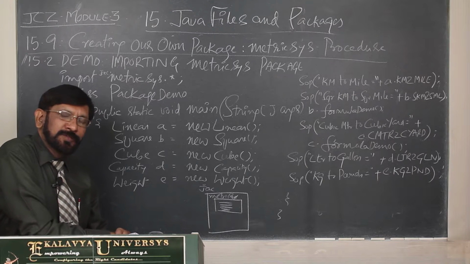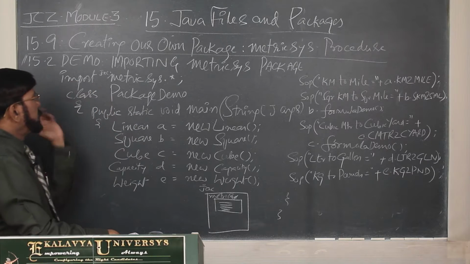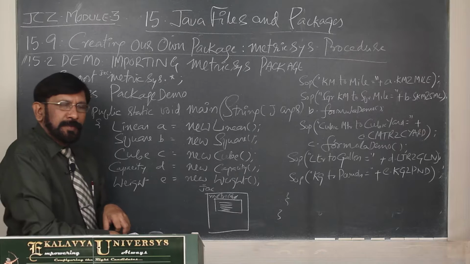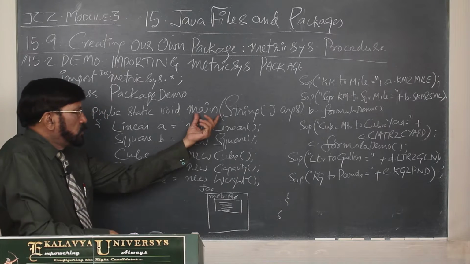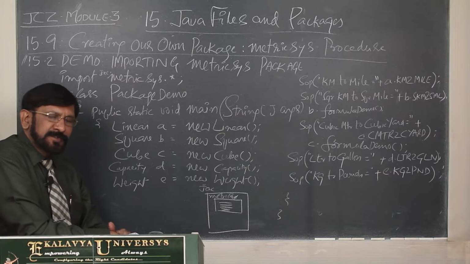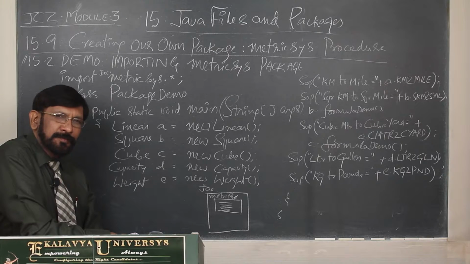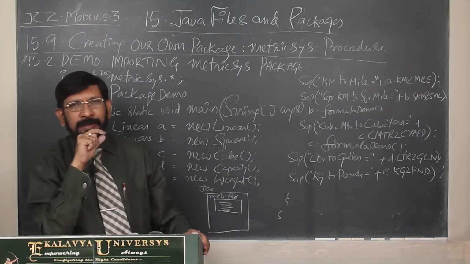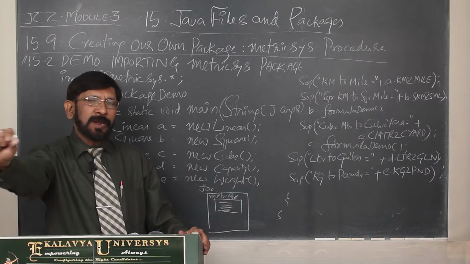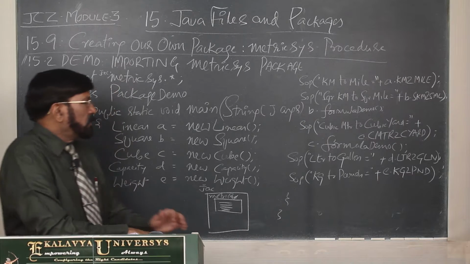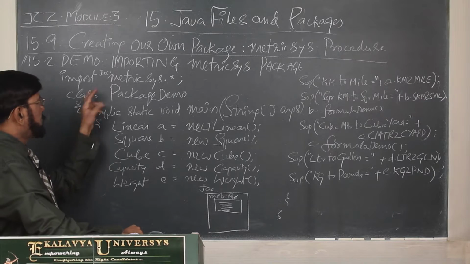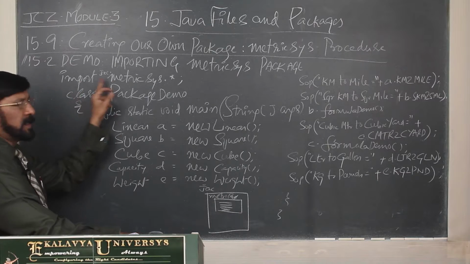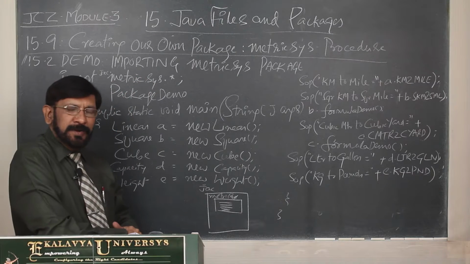And one more thing: without writing an import statement, can you use these constants or methods? It is possible, but in that case you have to write a fully qualified name.